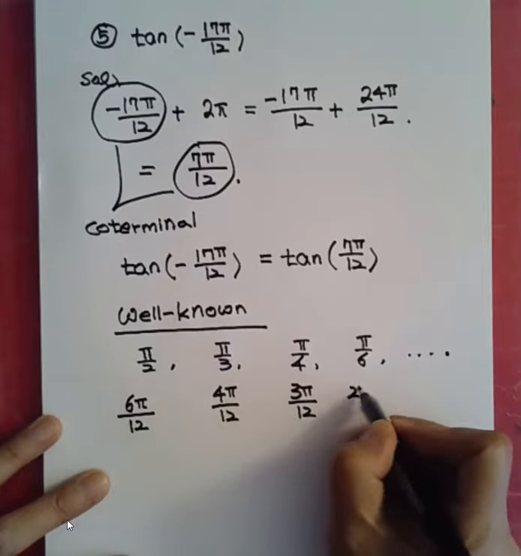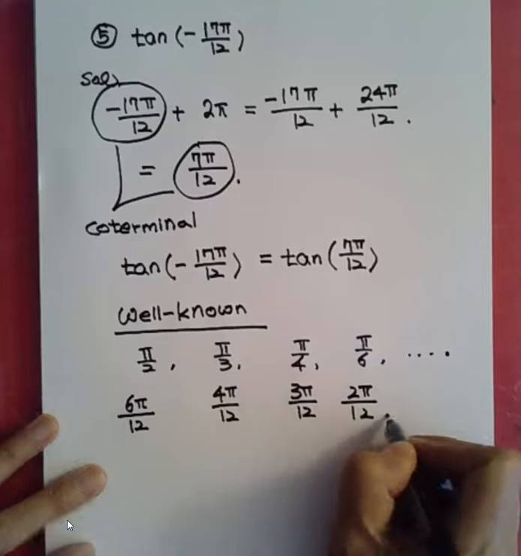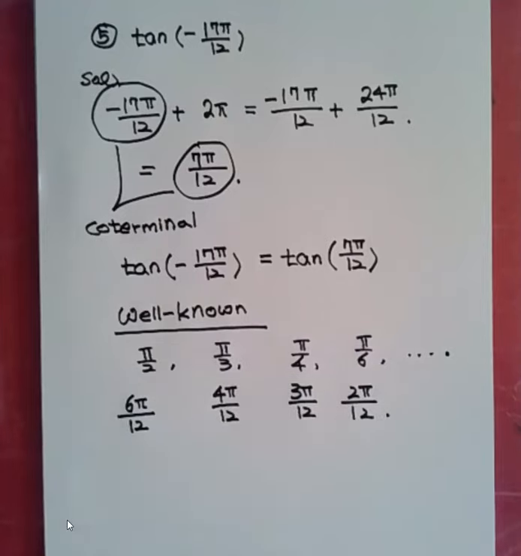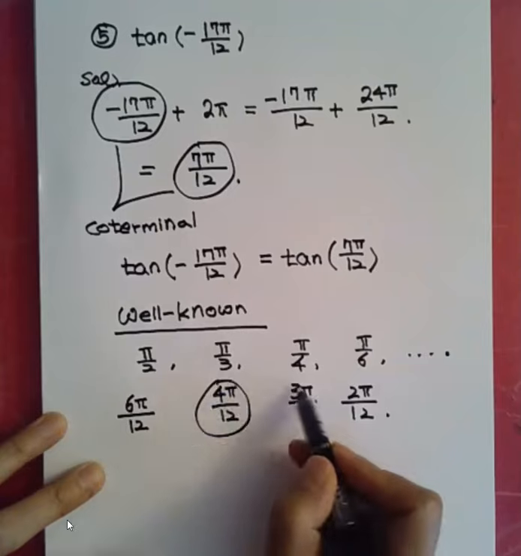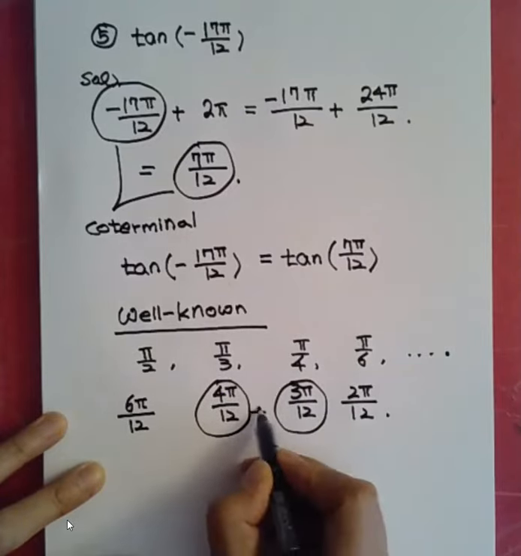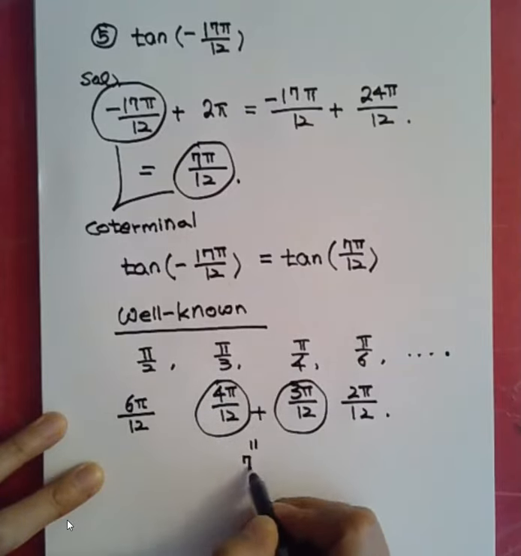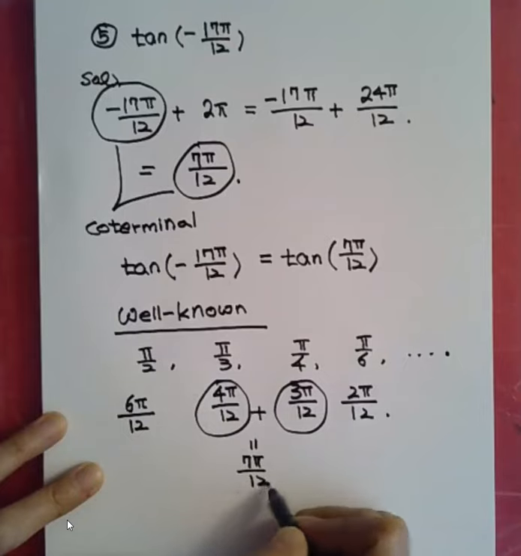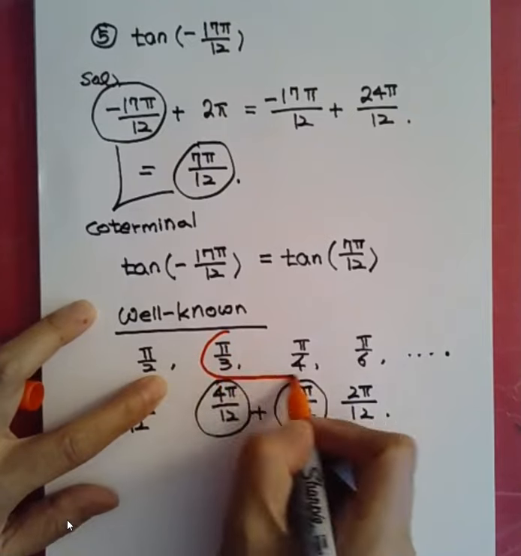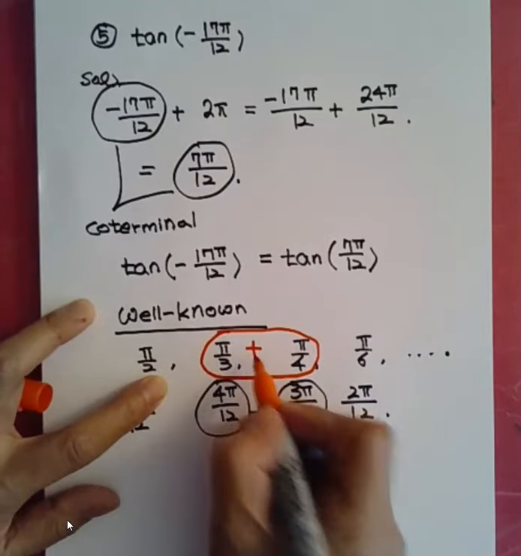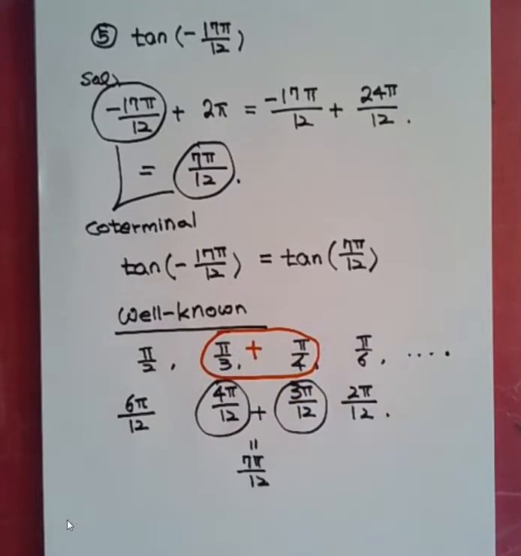The next one is 2 pi over 12. We have to do something to make 7 pi over 12. We can add 4 and 3. Then that'll be 7 pi over 12. That means we have to take pi over 3 and pi over 4 and add them up.